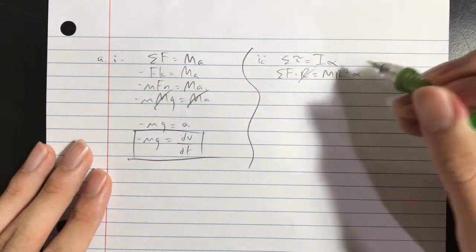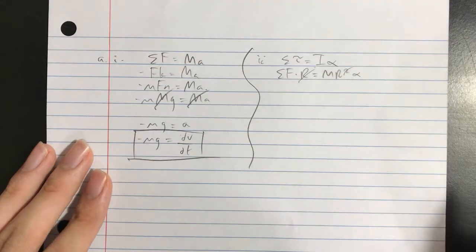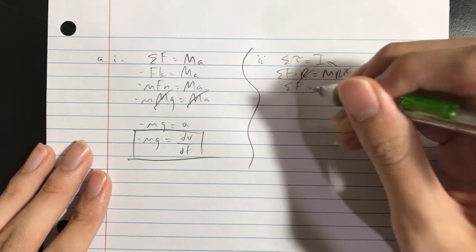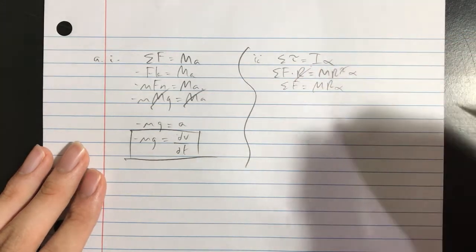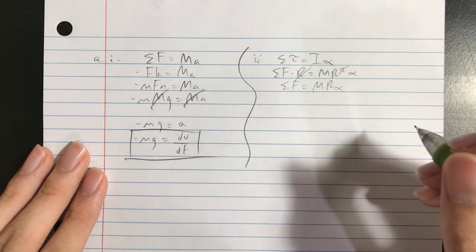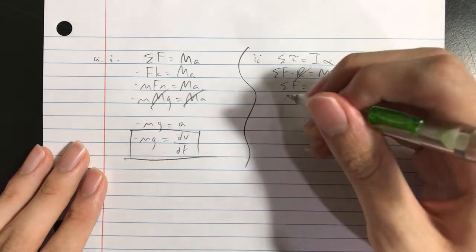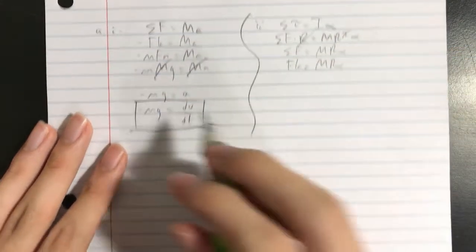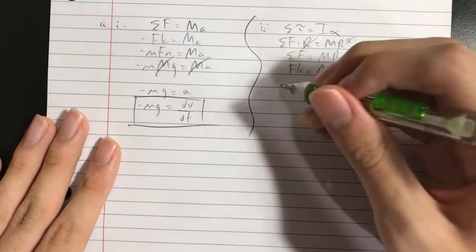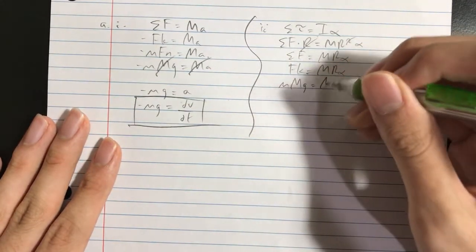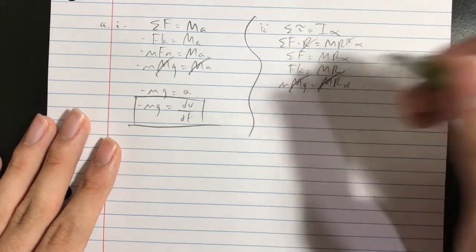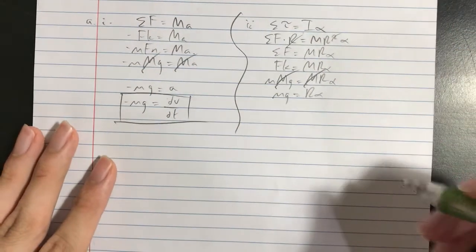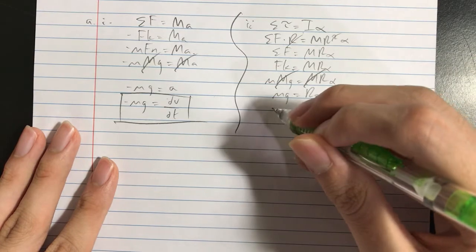We can cross out this r and this second r, so we get net force equals mr alpha. Like before, the only force acting against the ring is f of k equals mr alpha. Like before, f of k will equal mu mg equals mr alpha. Cross out m's again, we get mu g equals r alpha, and we move r to the other side to isolate for alpha.